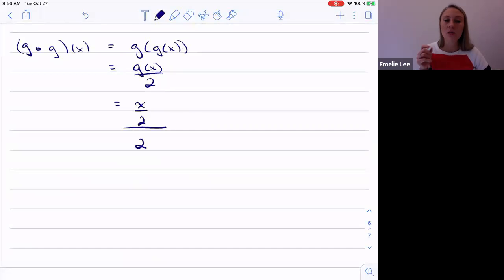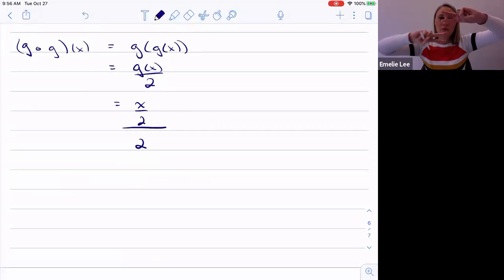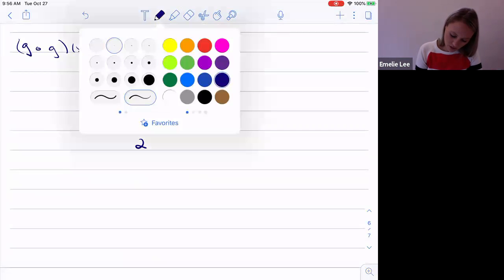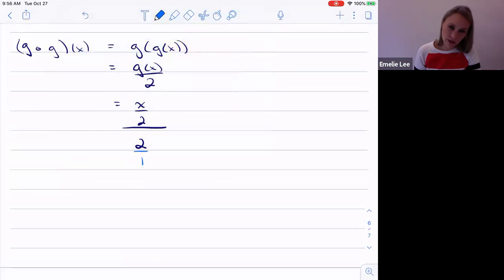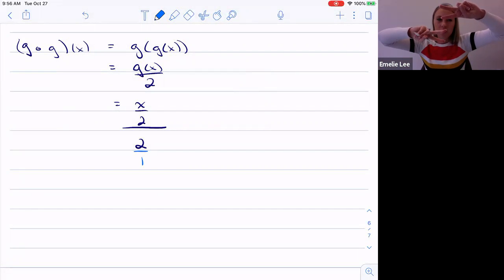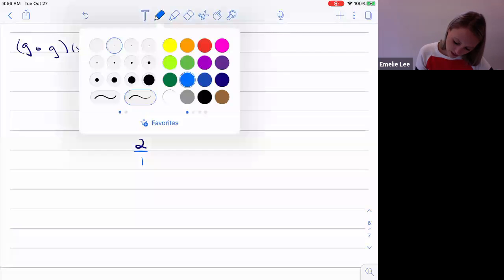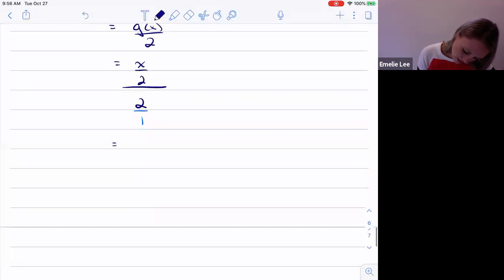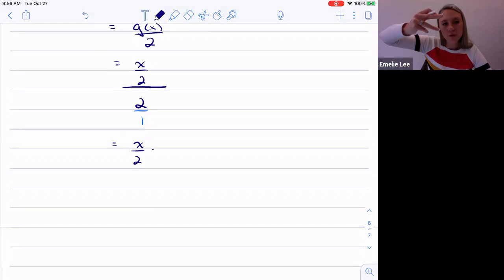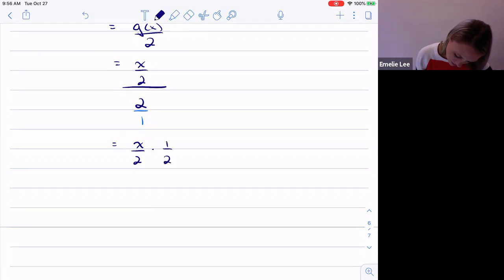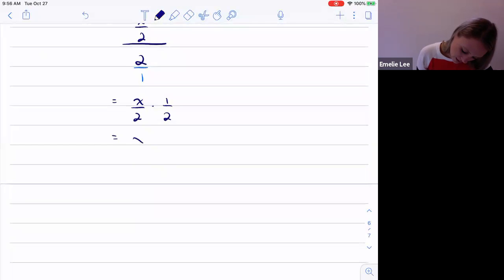Now I can use properties of fractions, right, which we've worked a lot with. I've essentially got a fraction over a fraction. 2 divided by 1, if you want to visualize it like that. X over 2 over 2 over 1. Flip and multiply. So this is going to simplify to x over 2 times 1 over 2. So this is x over 4.